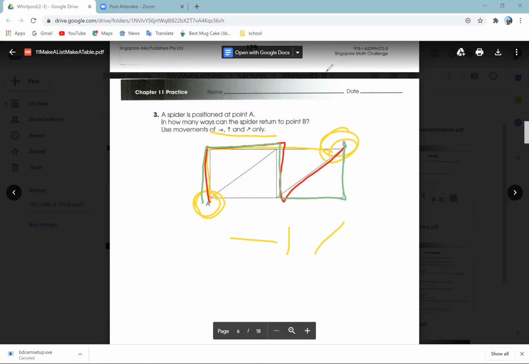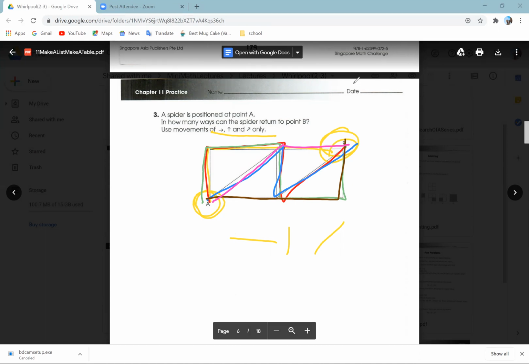3. 4. Oh, 5. So far we have yellow, red, green, blue, pink. So that's 5, right?